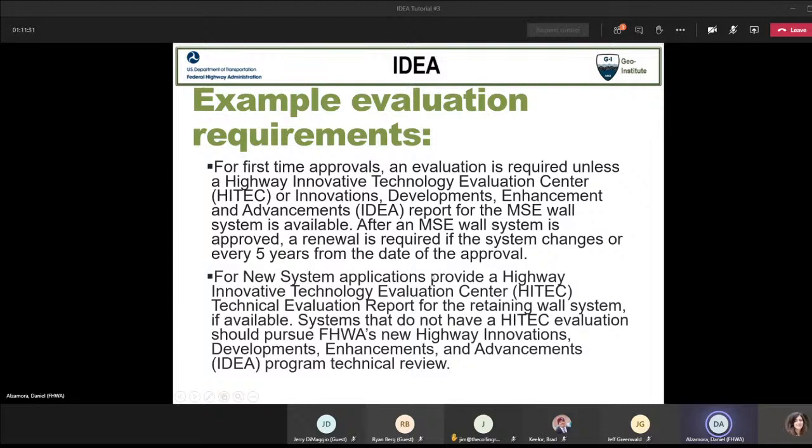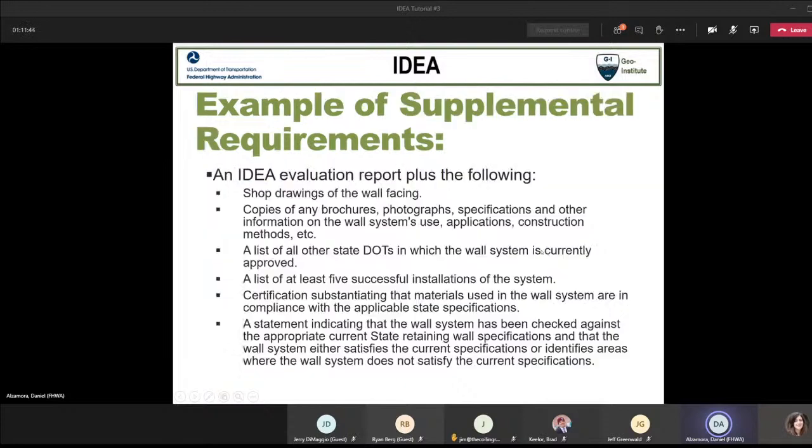For new system applications, provide a high-tech evaluation, again, including in this particular example, allowing IDEA as one of the available evaluation approval processes. Another one here, an IDEA evaluation.